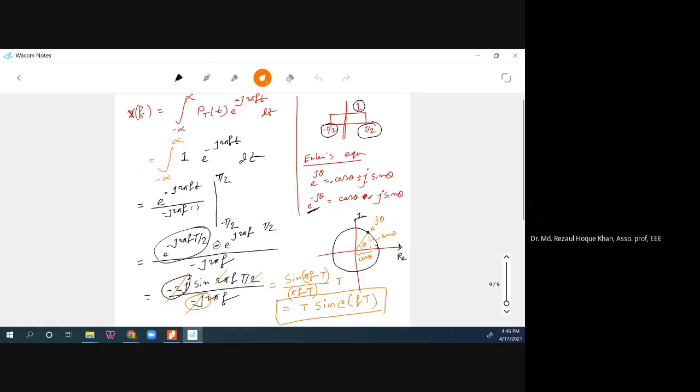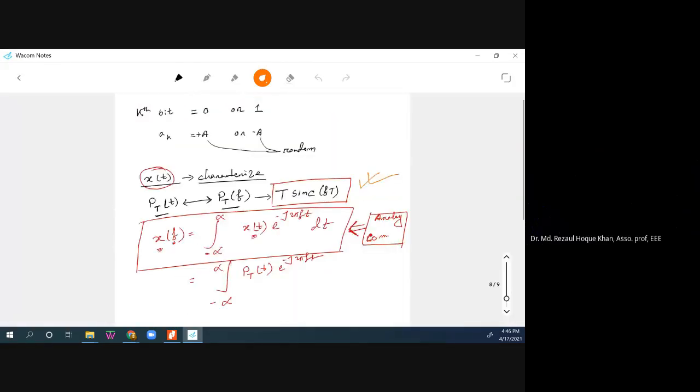Okay, guys. So what we have? We just showed that if we have a time domain signal and want to convert it to its Fourier frequency domain, that's the expression of this signal.